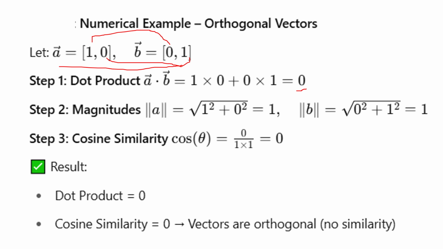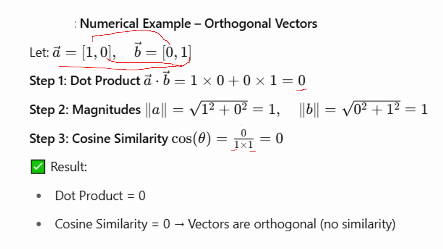Now we are going to measure the cosine similarity. Cosine similarity, cos theta, is equal to A dot B divided by the length of A and the length of B, right? So it is calculated as 0 divided by the magnitude of vector A, which is 1, and the magnitude of vector B, which is again 1.